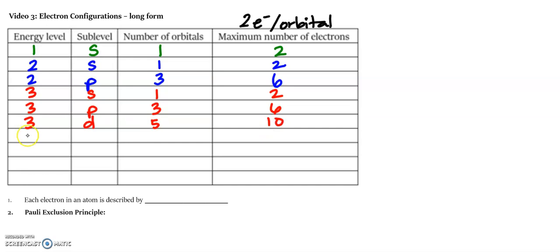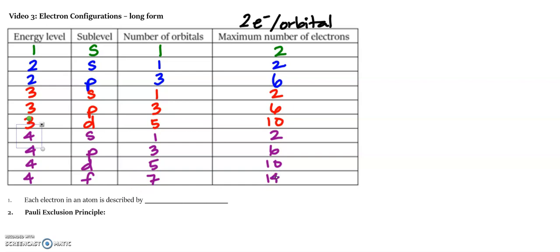All right, so then our fourth energy level is bigger still. So here we've got S, we've got P, we've got D, and now here's where F starts. So S 1 orbital and 2 electrons, P 3 orbitals and 6 electrons, D 5 orbitals and 10 electrons. And F has 7 orbitals, which will then hold 14 electrons.